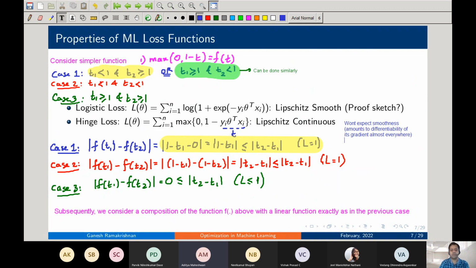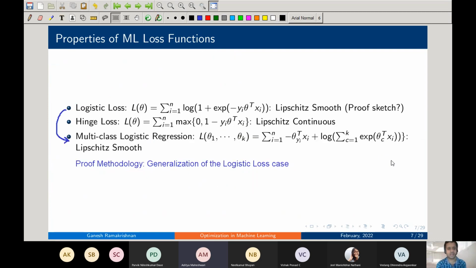This is the case for both hinge loss and L1 loss, L1 regularization. So good that there are some very pertinent questions, I would say, because you deal with these losses. We are not dealing with just general optimization problems. We are dealing with machine learning optimization problems. So nice questions.